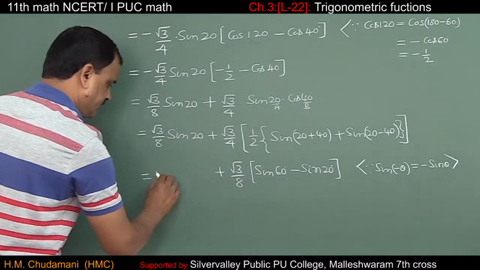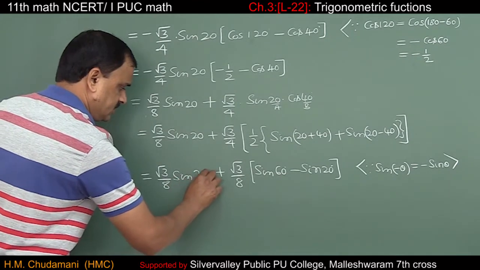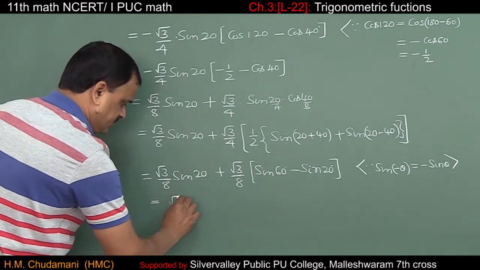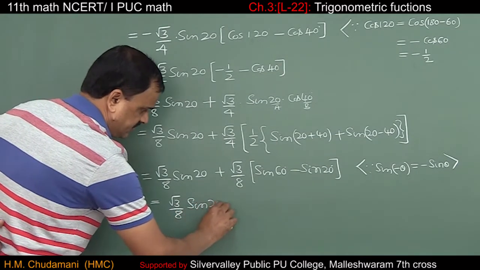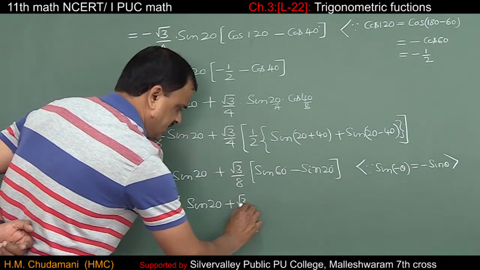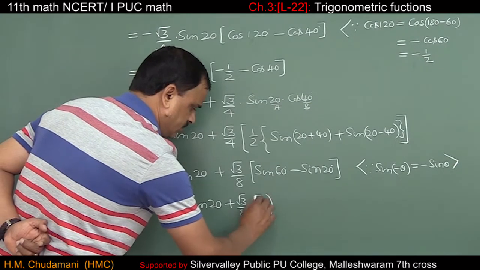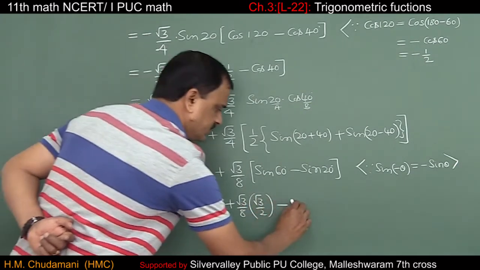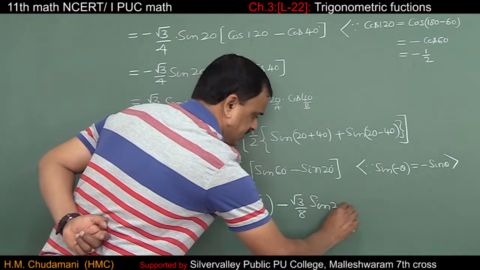So we have root 3 by 8 into sin 20 degree plus root 3 by 8 into sin 60 degree, which is root 3 by 2, minus root 3 by 8 into sin 20 degree.